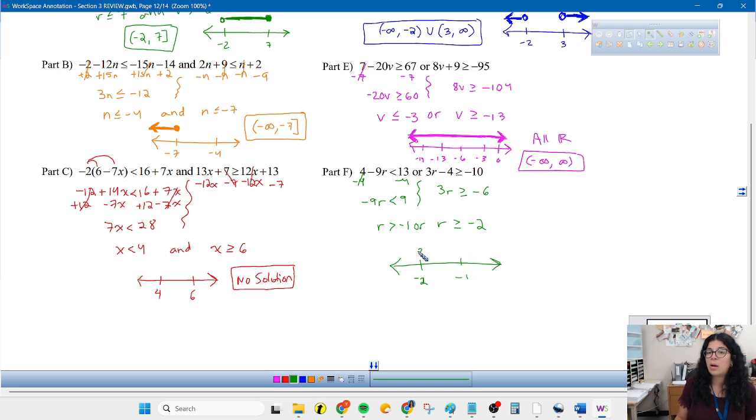Well, the numbers that are more than or equal to -2 are also more than -1. So I can just say that this is the numbers that are greater than or equal to -2. So the solution would be -2 to infinity. Okay.